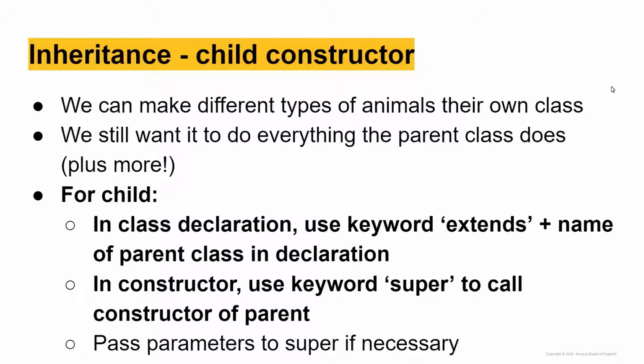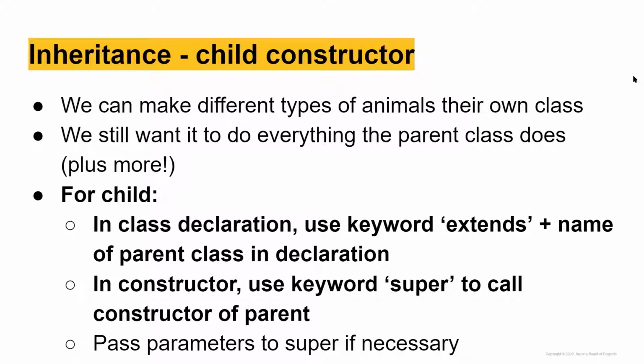So we can make different types of animals their own class, like I mentioned before. But we still want it to do everything the parent class does, plus more. So that's why we are deriving the child class from the parent class. In the class declaration, we want to use the keyword extends plus the name of the parent class after the declaration and before that open bracket.